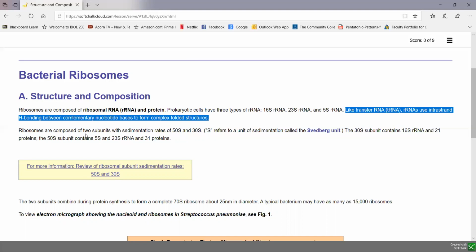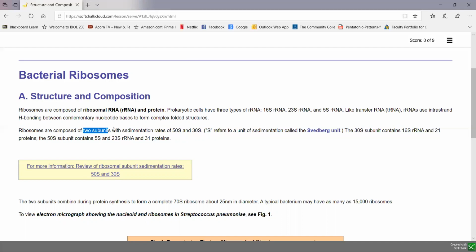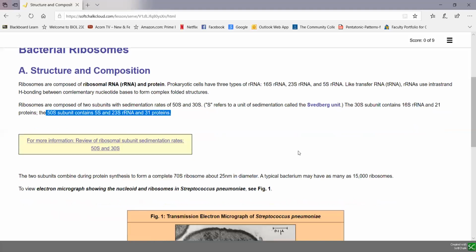So bacterial ribosomes, like all ribosomes, are composed of two subunits, and the two subunits have sedimentation rates of 50S and 30S. We described the Svedberg unit, or unit of sedimentation, back under our prokaryotic and eukaryotic SoftChalk lesson. Now, the 30S ribosomal subunit contains a 16S ribosomal RNA and 21 proteins, while the 50S subunit contains a 5S and a 23S ribosomal RNA and 31 proteins.